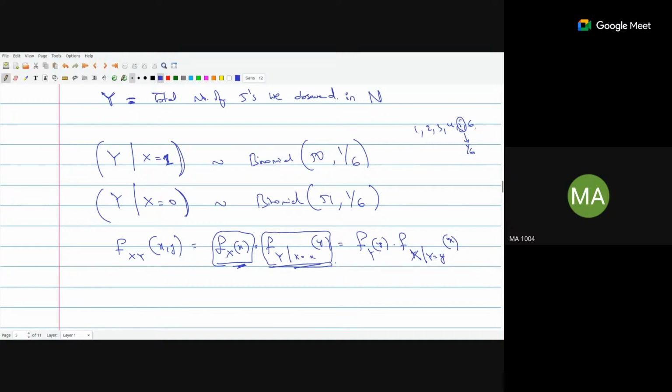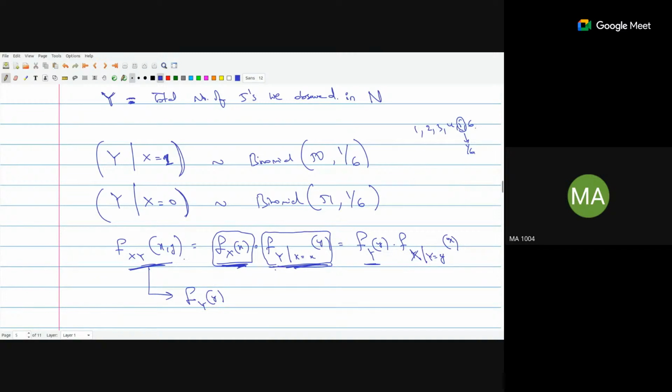If you are unable to get the joint, what we do is we multiply the marginal with the conditional, and after multiplying I will get the joint. Once you get the joint, I can get the marginal fy of y. So from the joint, as we discussed above, I can compute the marginal by summing up all x's.